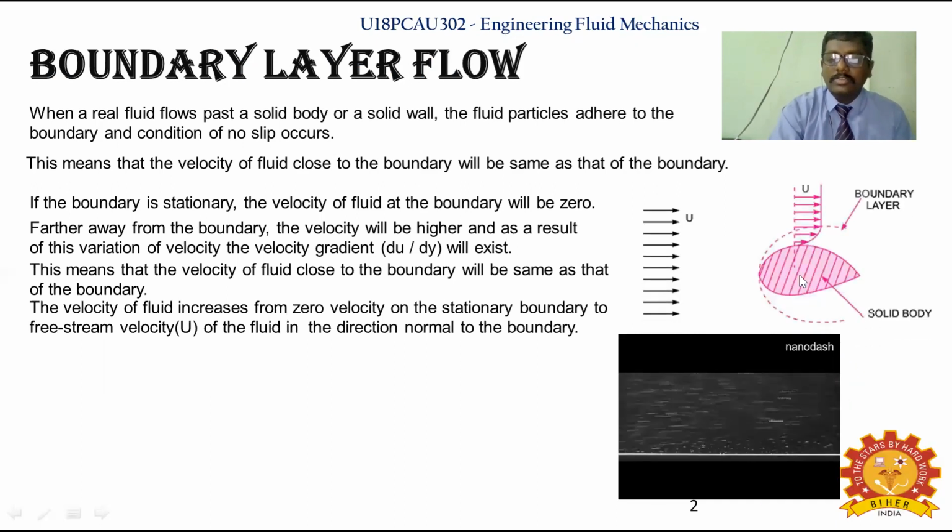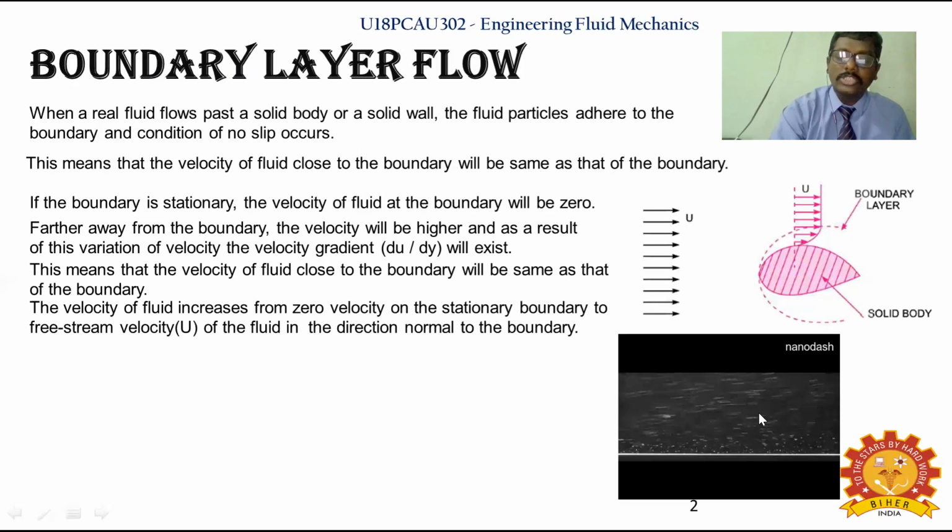It starts from zero velocity and goes on increasing up to a particular point, the boundary layer. Once it reaches the boundary layer, the free stream velocity is constant. Up to that region, the velocity increases. Here you see the swirl movement and eddy formation close to the boundary. Then the velocity increases from here to here.